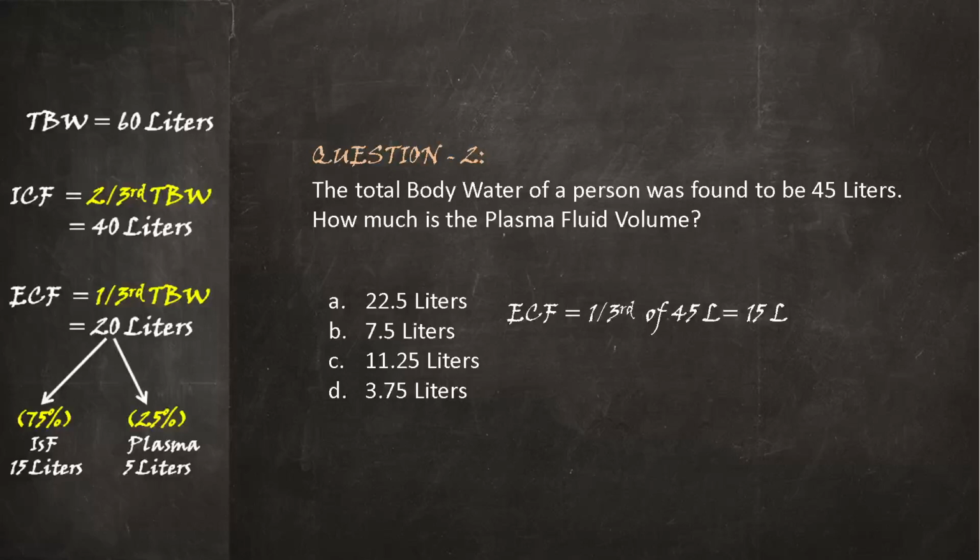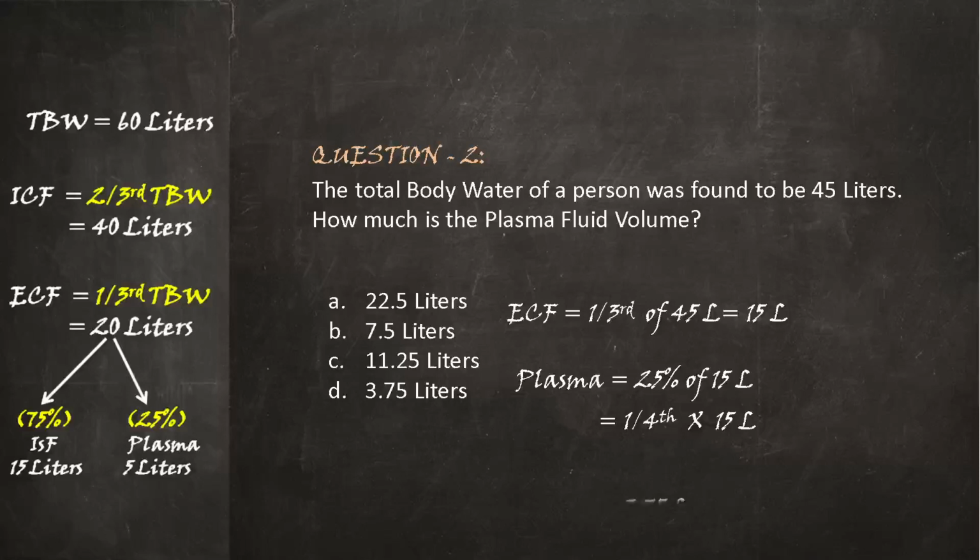We know that plasma is equal to 25% of the extracellular fluid. That is 25% of 15 liters, which equals 3.75 liters. So the choice D, 3.75 liters, is the answer. Easy, isn't it?